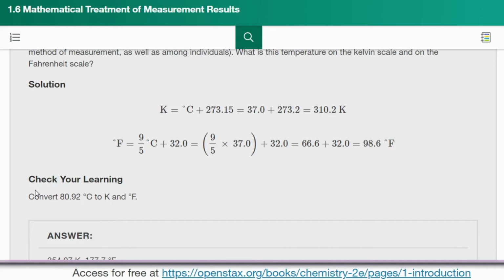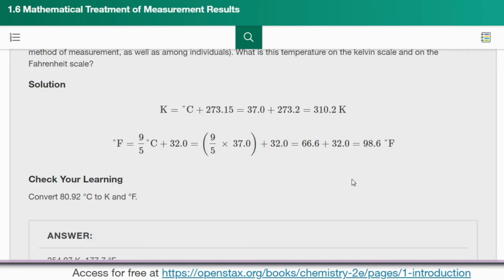And in Fahrenheit, what we have to do is take 9/5 times degrees Celsius plus 32, so that's 9/5 times 37 plus 32, and that equals 66.6 plus 32.0, and that's 98.6 degrees Fahrenheit. Now you'll notice here they dropped the units as a shortcut. Technically that's not exactly correct, but as long as you get the right units in the end, that's okay.